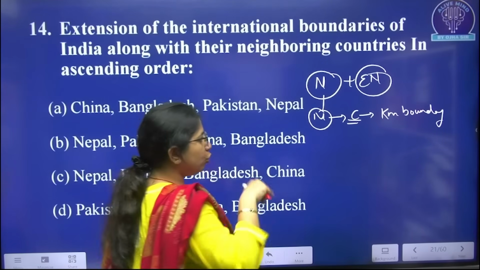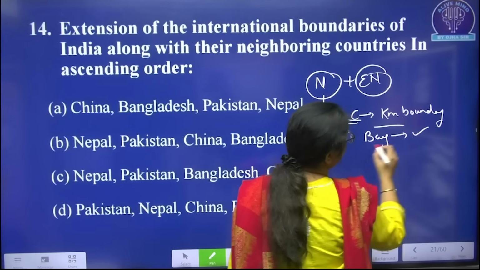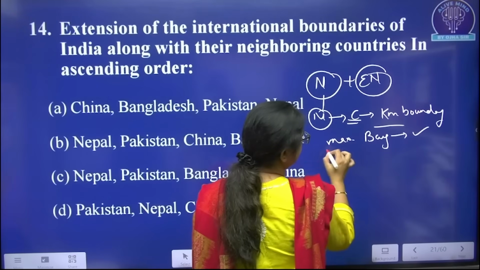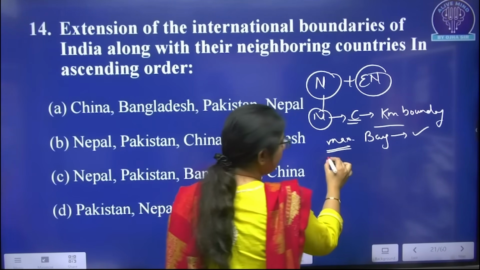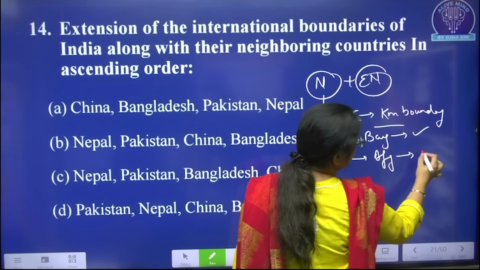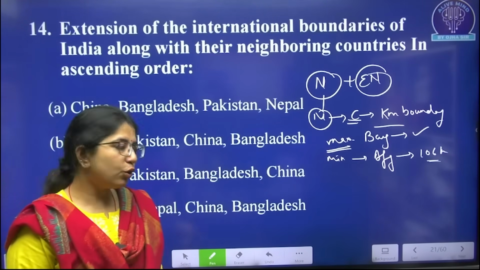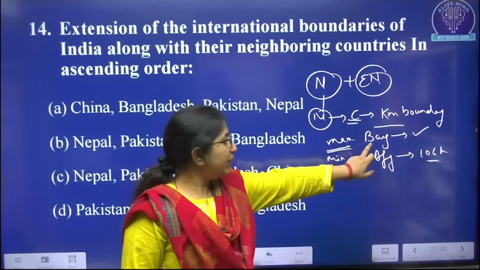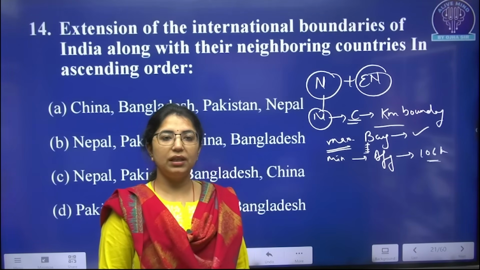Two facts you'll get to know from the PYQs: Bangladesh shares the maximum boundary with India, and the minimum one is Afghanistan, around 106 kilometers. But you have to remember all the middle countries, and that too chronologically.